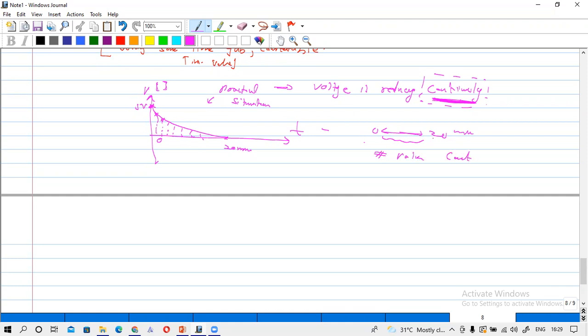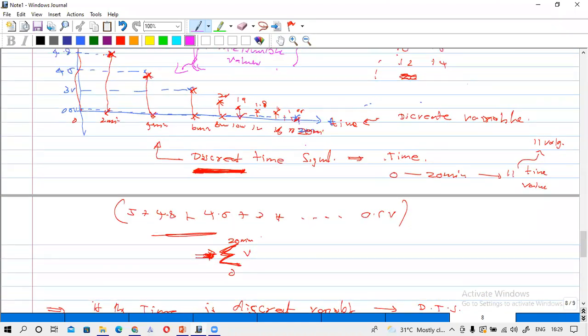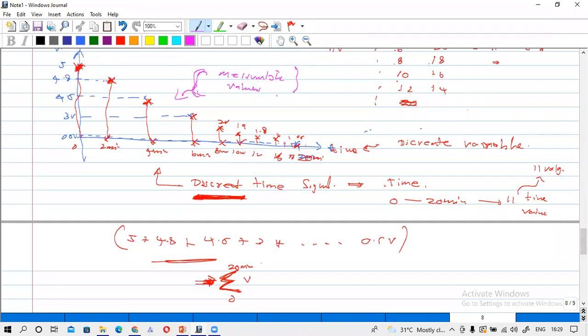But previously, we could count the time values from 0 to 20 minutes. It is a countable set of values, and we called it discrete.